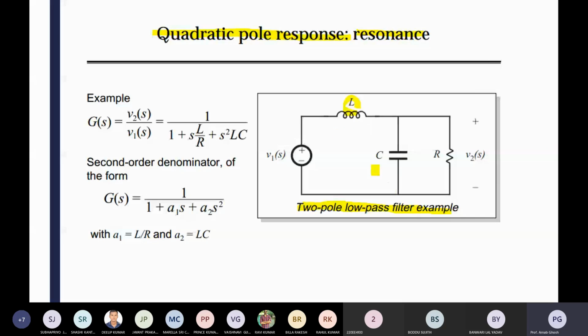An LC circuit is there, one R is there, so you will find V2 and V1. You know that basic structure, so I am not going to discuss it again. Now we represent that system in the quadratic form, 1 + A1 s + A2 s², where A1 = L/R and A2 = LC.